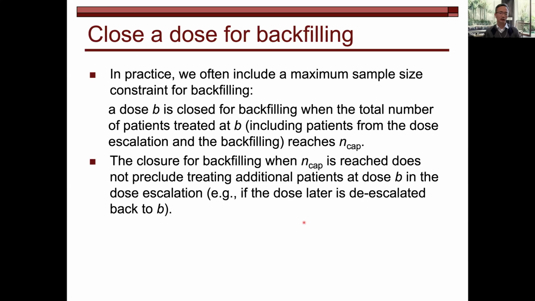Okay, and the other condition we often use for backfill is a maximum sample size constraint for backfill. This is more from practical consideration rather than patient safety or statistical consideration. Typically we can set a cap, and if at a certain dose you backfill to that cap, you can stop backfill.